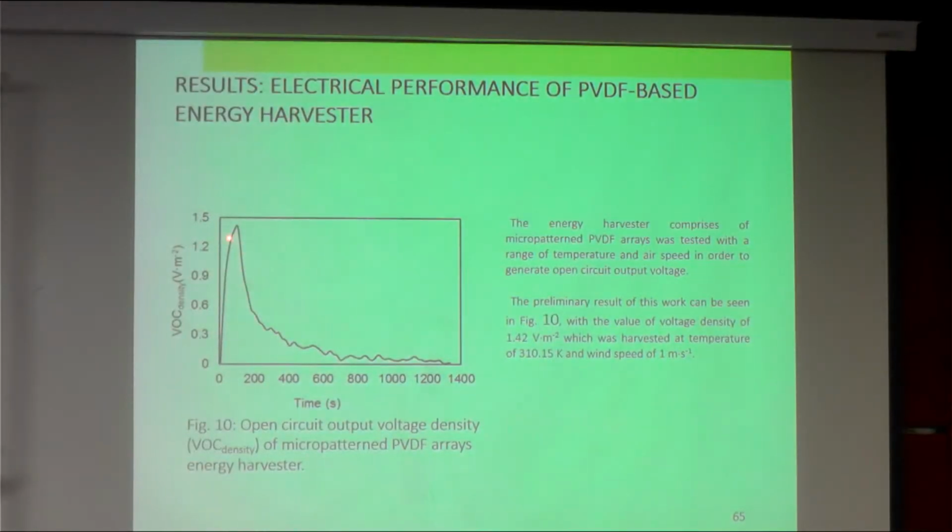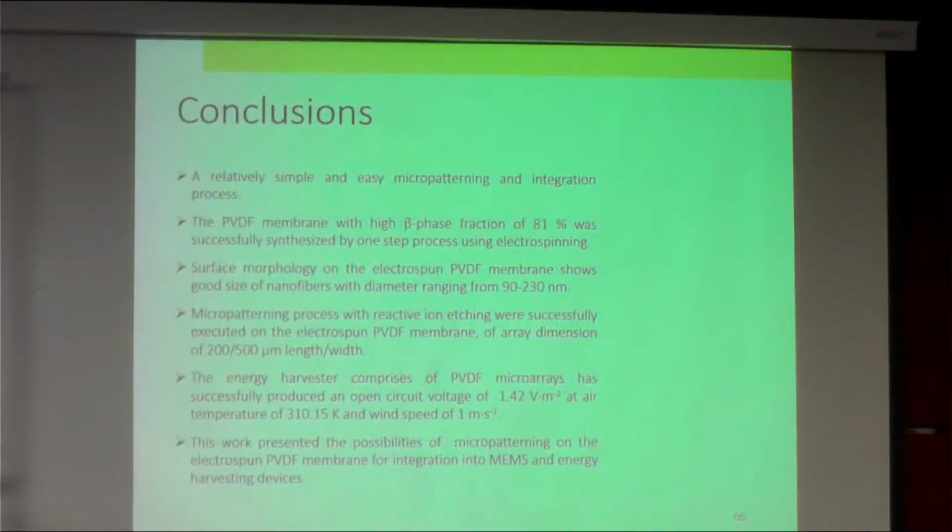So the VOC is about 1.4 volt per meter square. This is with the wind speed of 1 meter per second and the temperature of 310.15 Kelvin. So that is the result of this micro device.